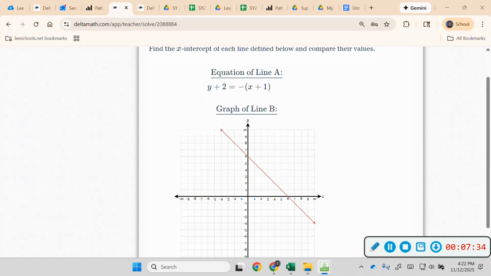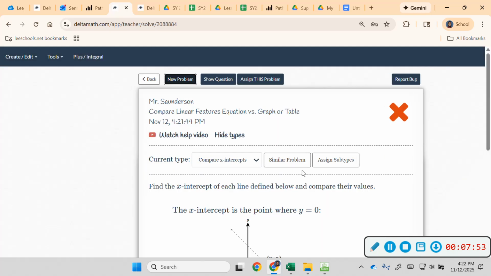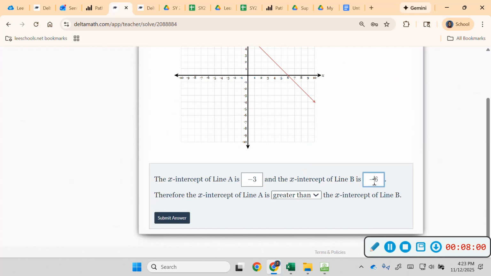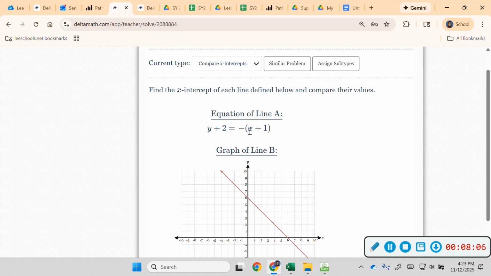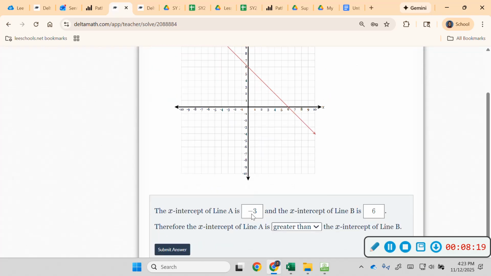So what are they? Negative 3 and 6. I was recalculating in my head: plug in 0 for y, that would be negative 1x, and then I would add 3, and divide by negative 1.